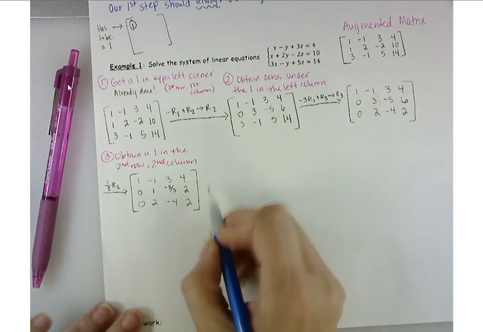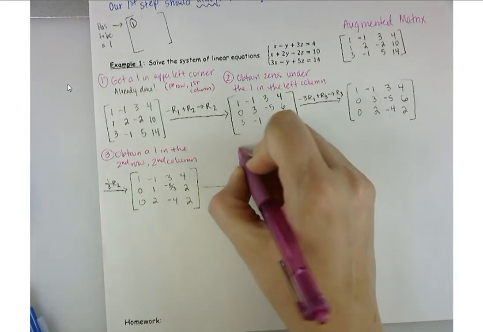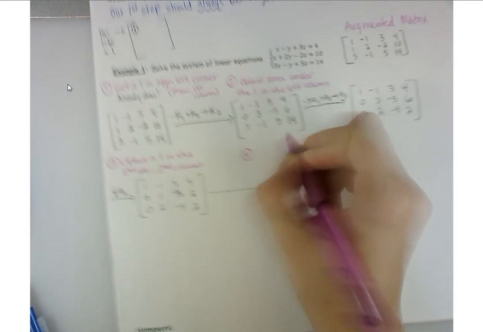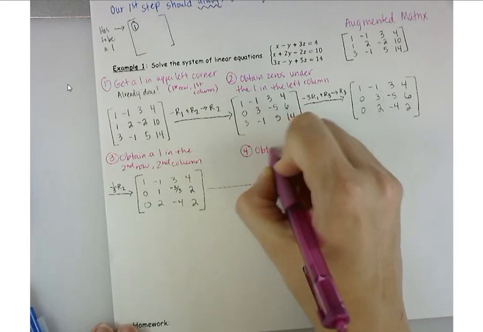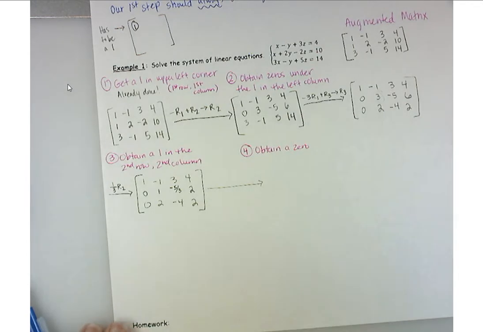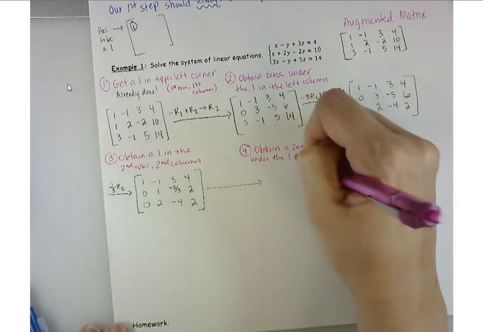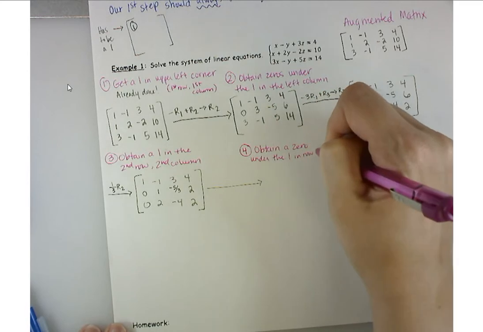Okay, now once you do that, your next step, you guys probably already know this, is you have to obtain a 0 under the 1 in row 2, column 2.